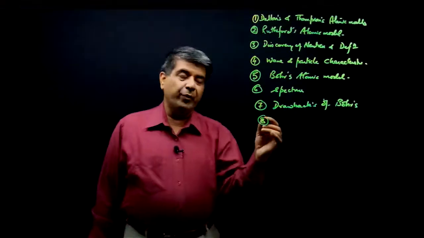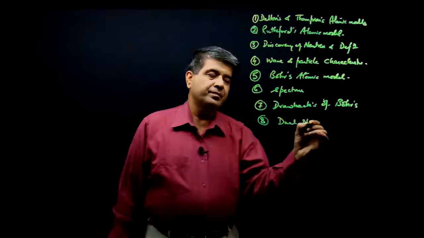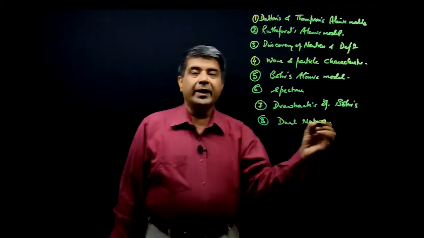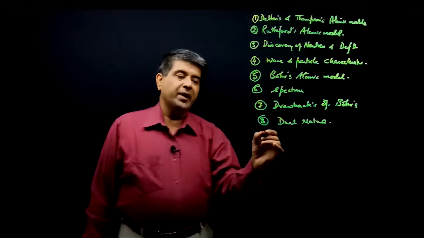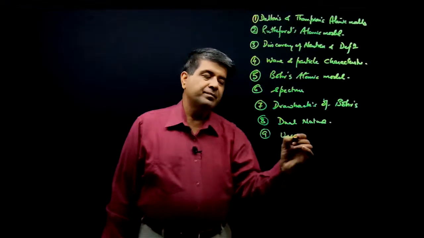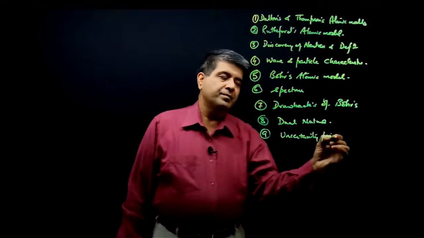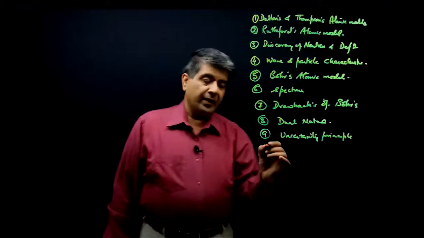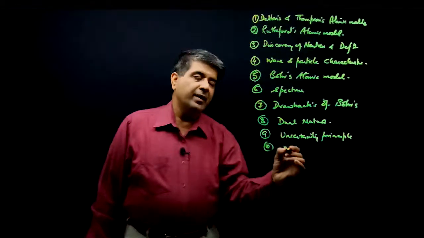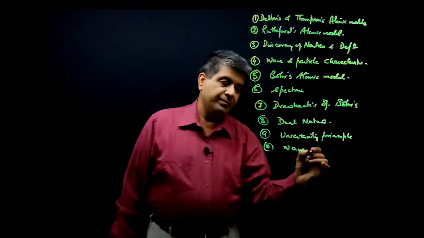The eighth video would be dual nature, that is de Broglie's wave equation. The ninth video would be uncertainty principle. The 10th video would be wave atomic model or quantum atomic model.